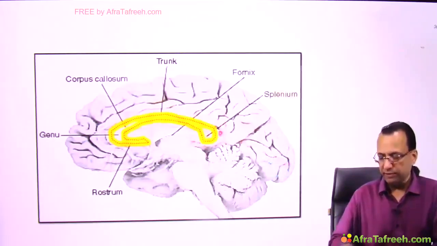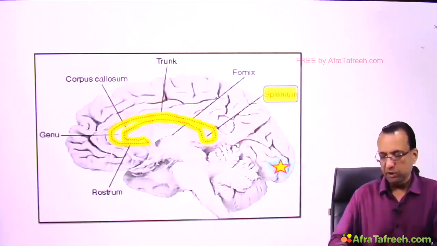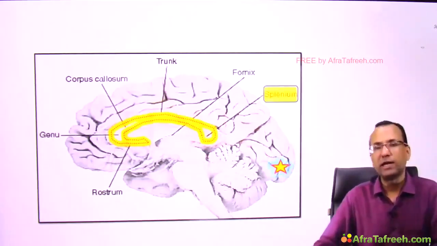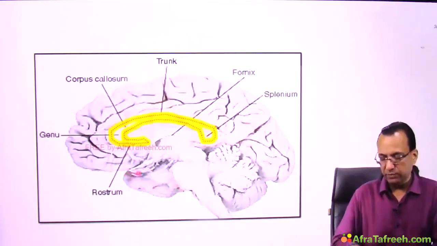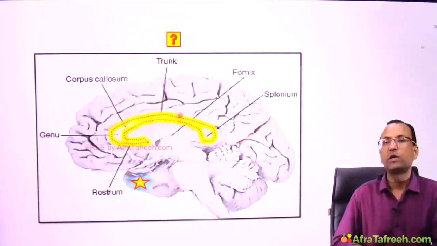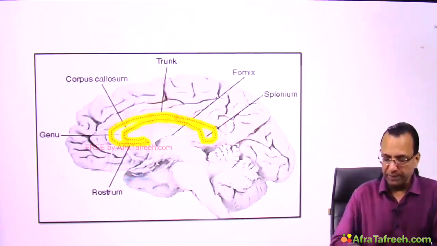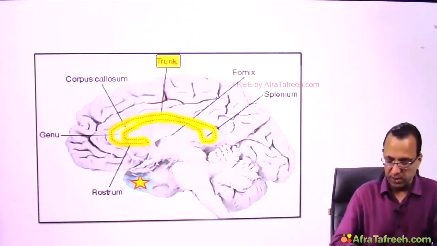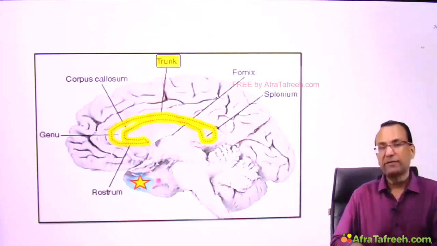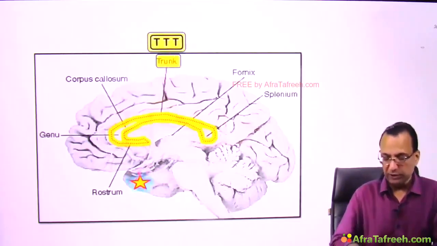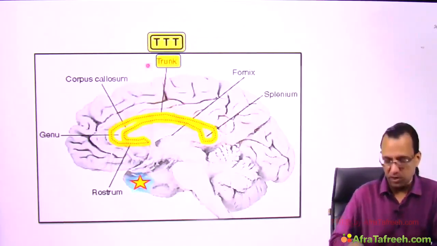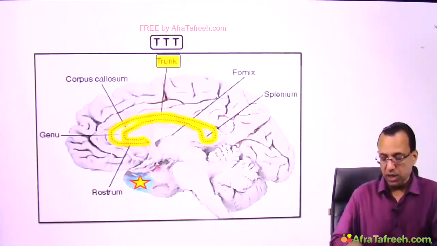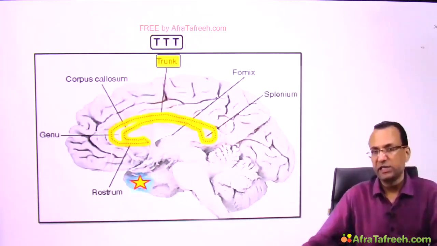But if you want to connect the temporal lobe of one side with the other, then the fibers will be passing in the trunk region. Those were tapetum fibers. So tapetum fibers use the trunk region to connect the temporal lobe of right side, left side. You can remember TTT. What is TTT? TTT means in the trunk region of the corpus callosum, you have tapetum fibers which are going to connect one temporal lobe with the other temporal lobe. TTT.